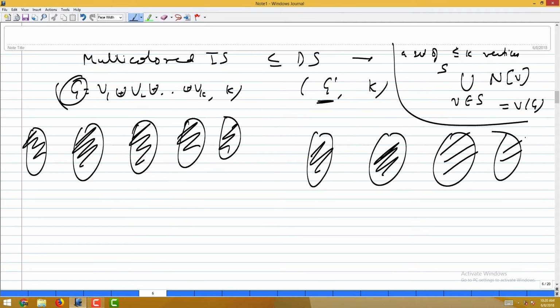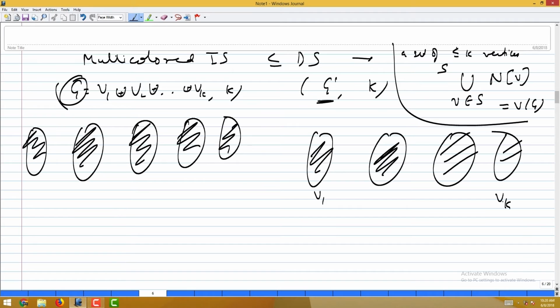So if I pick one vertex from each inside part, and the number of parts is k, then I'll have a k-size dominating set, right? Because one vertex from each part will dominate everything inside this part because it's a clique, the neighborhood is the same. So clearly the forward direction is not an issue because every part is a clique. It doesn't even matter if you give me an independent set in G or not. I can always give you a k-size dominating set in the graph that I've constructed if I take G prime to be the same graph, right?